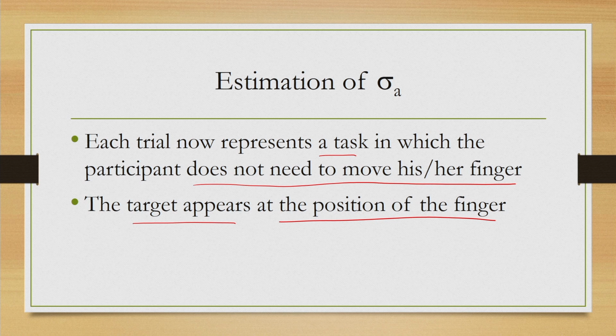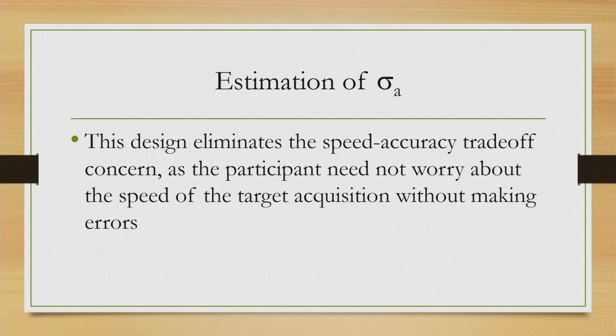So, if we design the empirical study in this way, then we are eliminating the speed accuracy trade off, because we are not asking the participant to move their finger. So, there is no question of missing a target due to the finger movement.